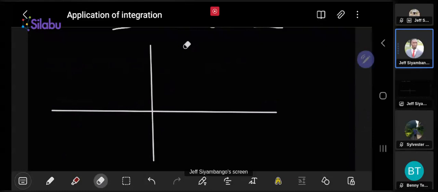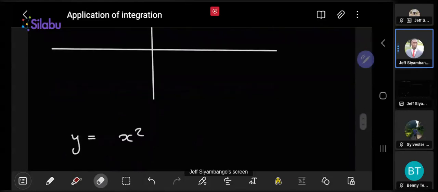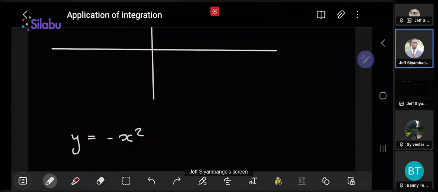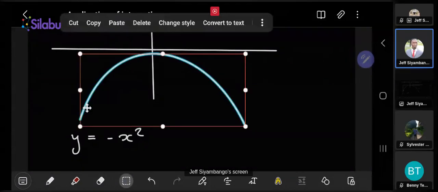So when we write it as a negative, it now opens downwards. So minus x squared will be this graph that opens like this. Let me write it as something like this. So that is minus x squared, now opens downwards.